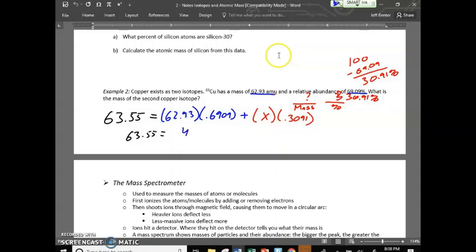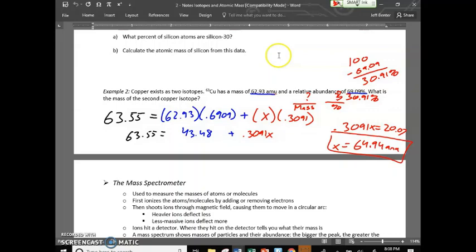So this is going to be 43.4748, and then this, of course, would be 0.3091x. I solve for x. Hold on just a second. And you get 64.94 AMU.